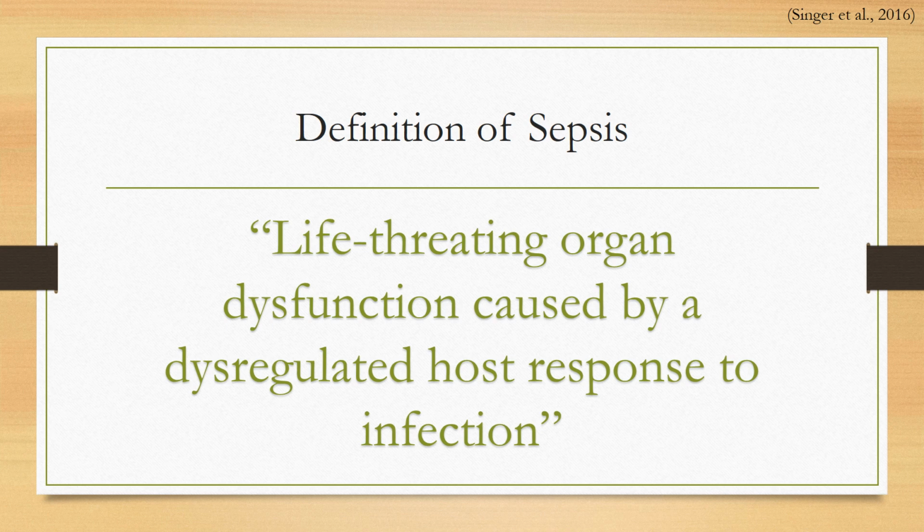Sepsis-3 was developed by a collaborative group of critical care, infectious disease, surgical, and respiratory specialists. Their new definition is a life-threatening organ dysfunction caused by a dysregulated host response to infection. That's just a very wordy way of saying that sepsis is the body's response to an infection which causes injury to its own tissues and organs.